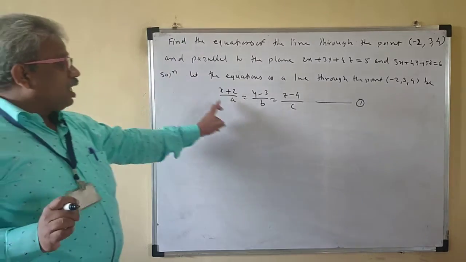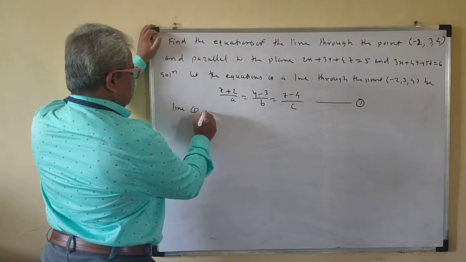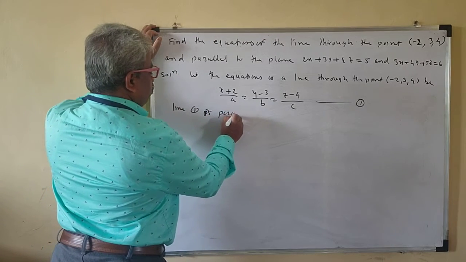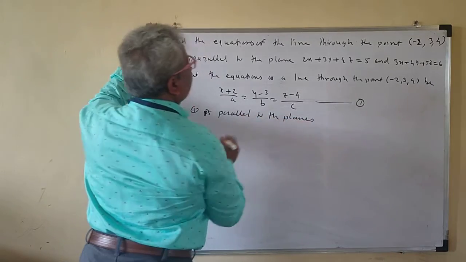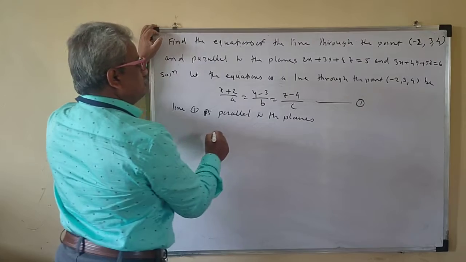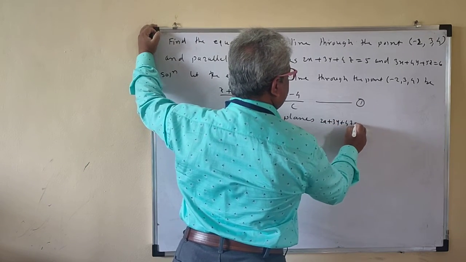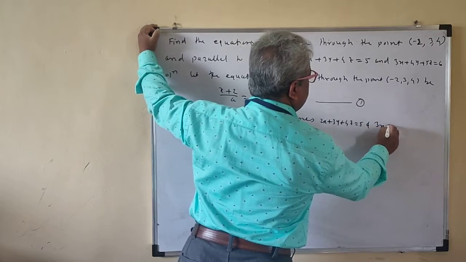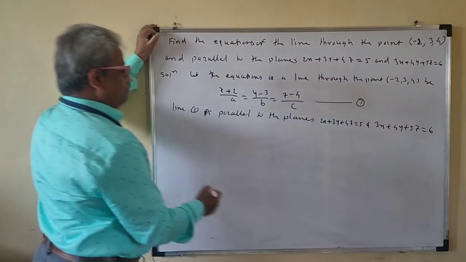What is given? The line 1 is parallel to the planes 2x plus 3y plus 4z is equal to 5, and 3x plus 4y plus 5z is equal to 6.